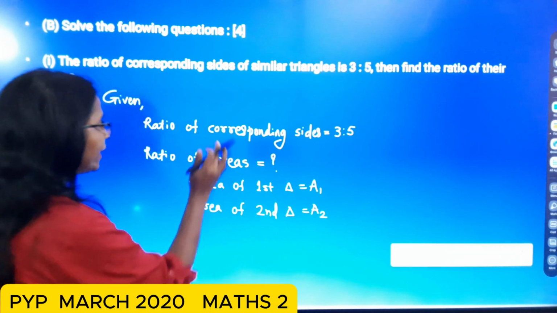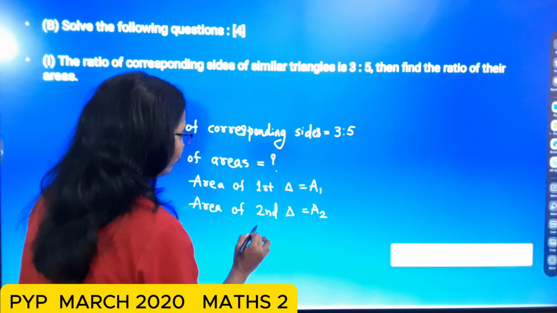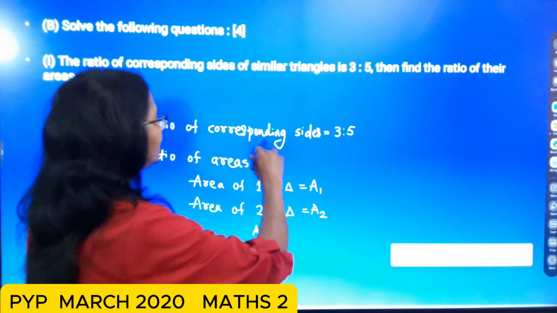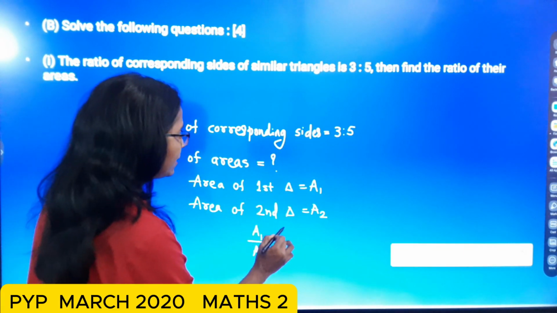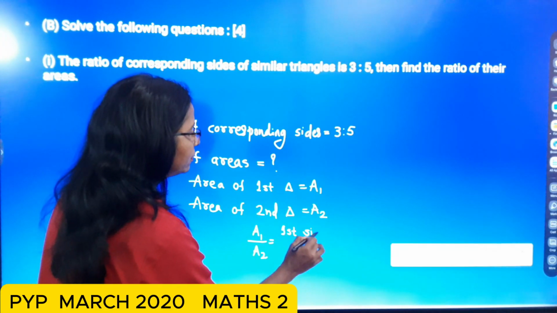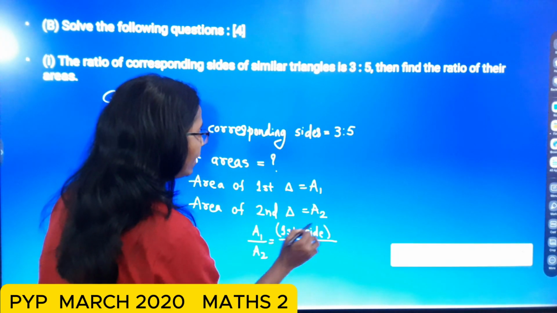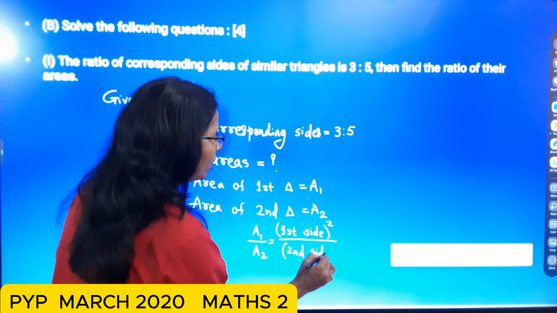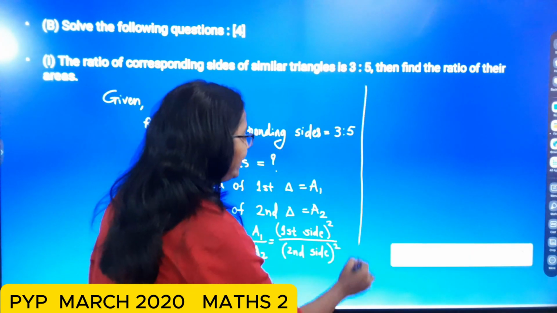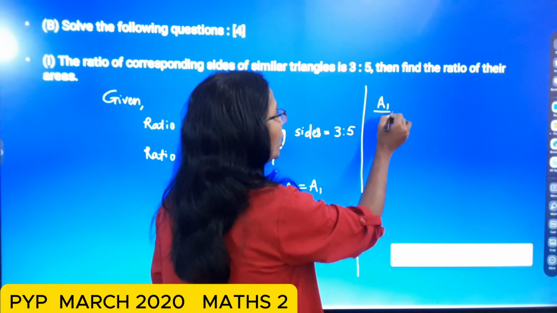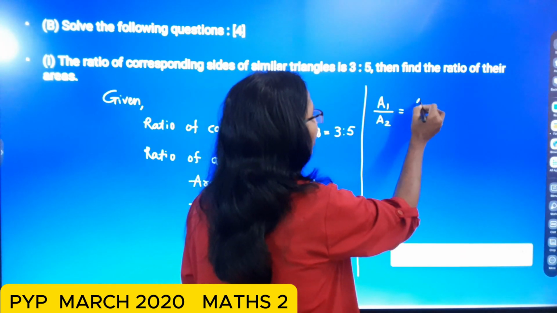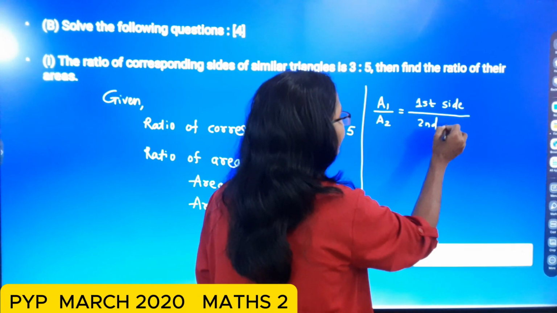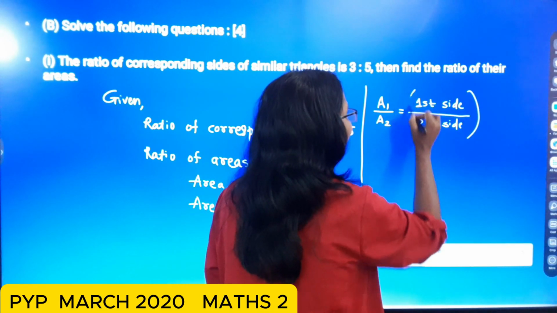Here we do not write only the ratio given. So here we write as per formula, A1 upon A2 is equal to the ratio of corresponding sides. That means the first side whole bracket square upon the second side whole bracket square. So A1 upon A2 is equal to first side upon second side whole bracket square.